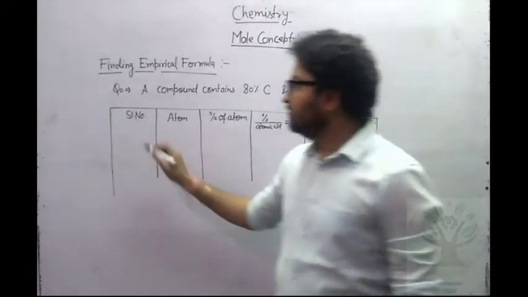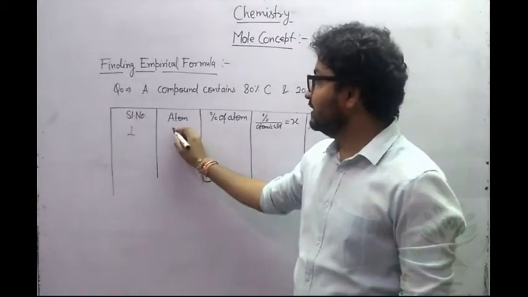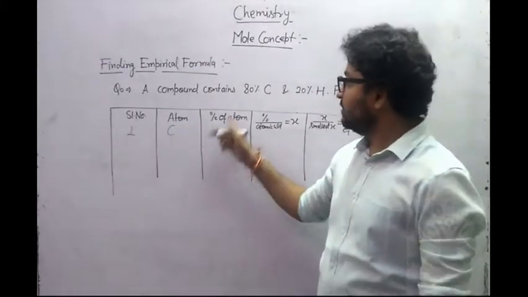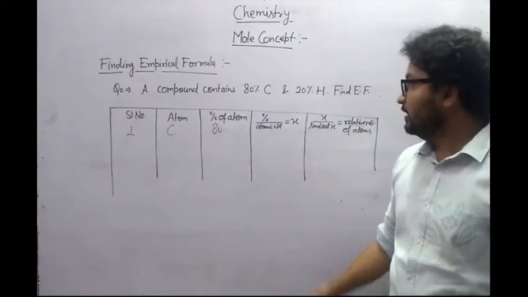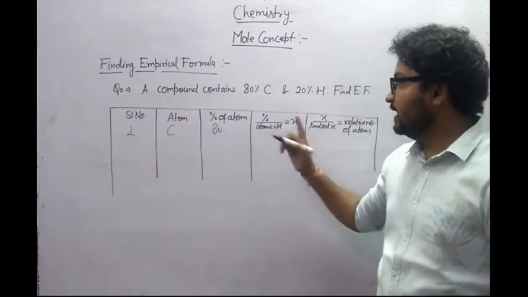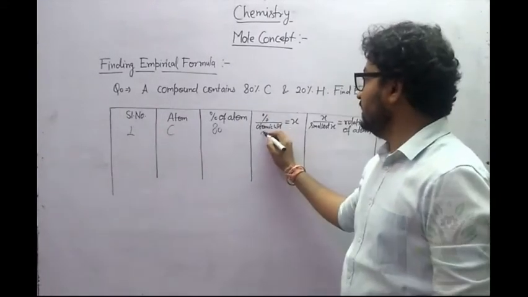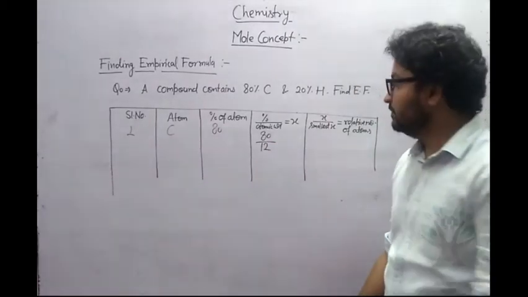I hope you remember that we used to draw a table. So a very similar table I am going to draw. What do we write in the first column of this table? Serial number. So the first item is, let's say, carbon. The carbon percentage is 80%. Now, in the next column, what are we writing? Percentage divided by atomic weight. So 80 divided by 12. 12 is the atomic weight of carbon.